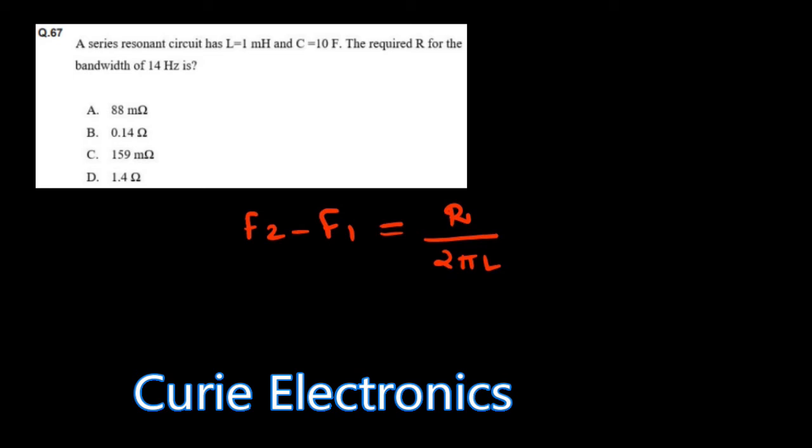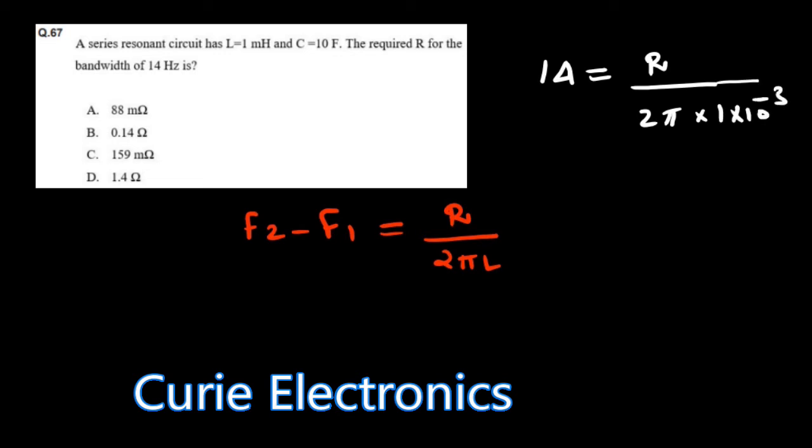So let's apply it. F2 minus F1, that is the bandwidth, is 14 Hz, equal to R upon 2 pi L. R we have to find. Pi is 3.14. What is the L here? 1 millihenry, 1 into 10 to the power minus 3.